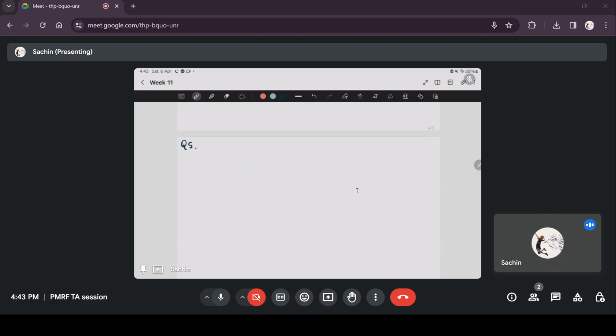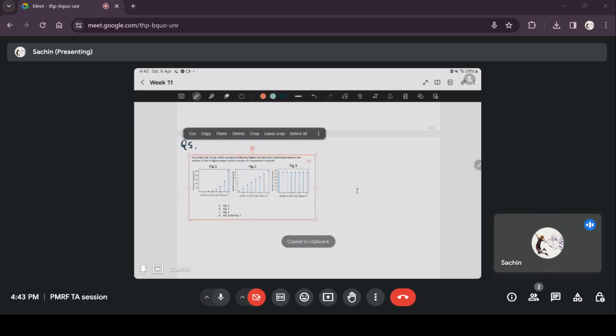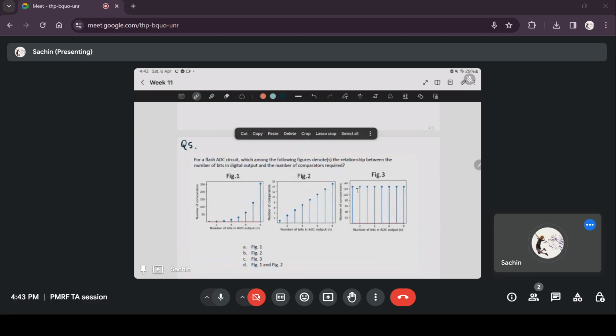Question 5. For a flash ADC circuit, which among the following figures denote the relationship between the number of bits in digital output and the number of comparators required? There are three figures.